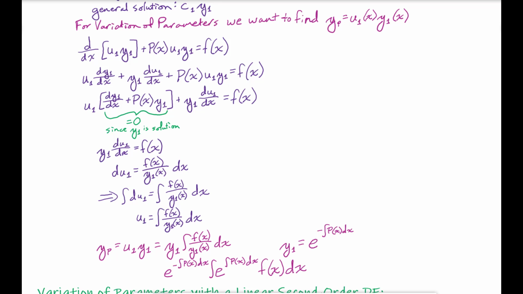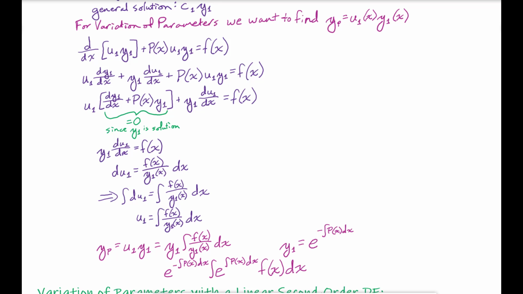Now, I wanted y sub p to be equal to u sub 1 times y sub 1. So I'm going to substitute what I found for u1 in. I'll get y sub p equals y sub 1 times the integral of f of x divided by y sub 1 of x dx.